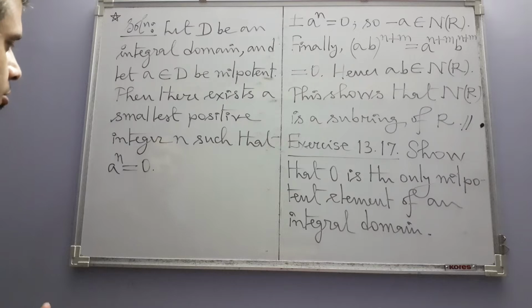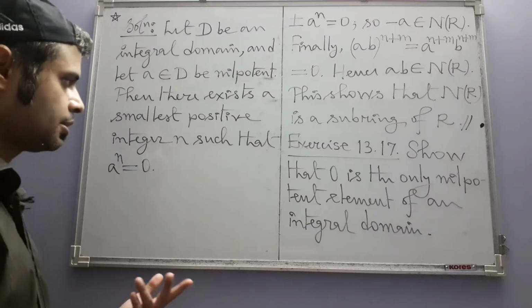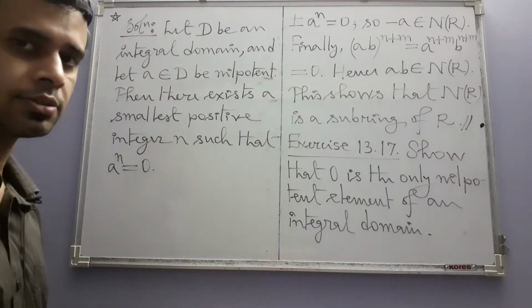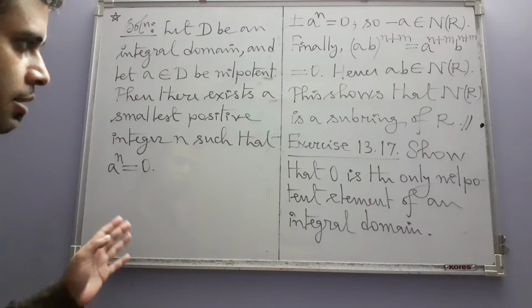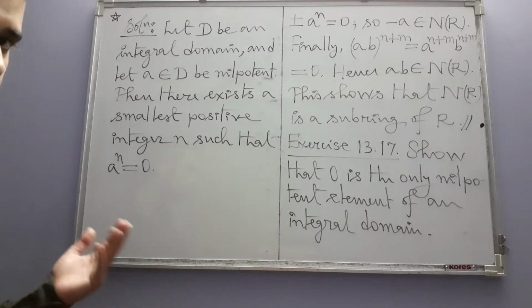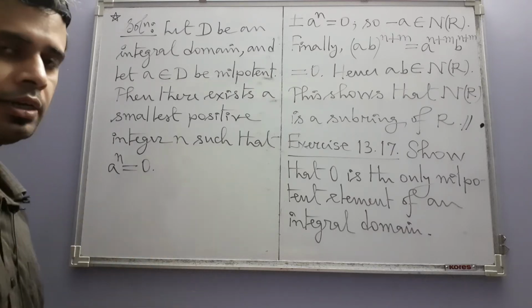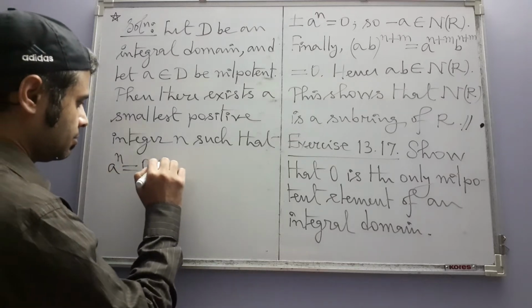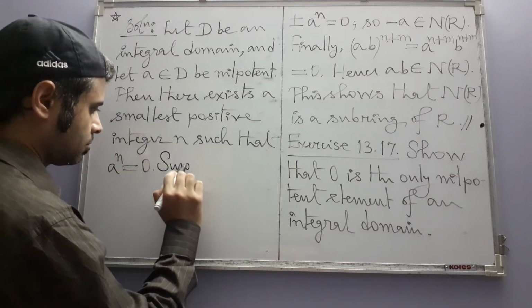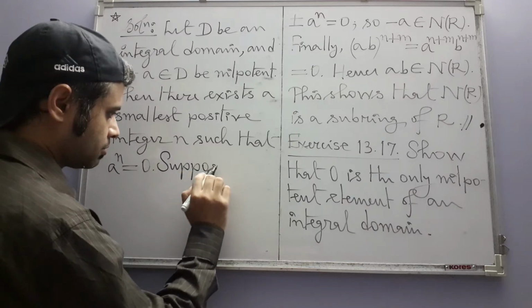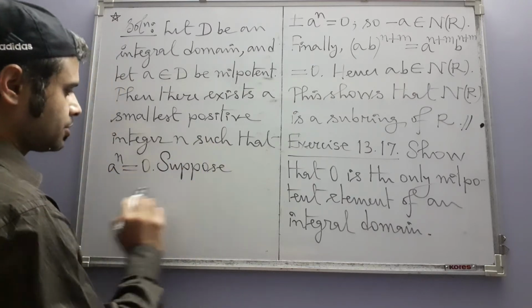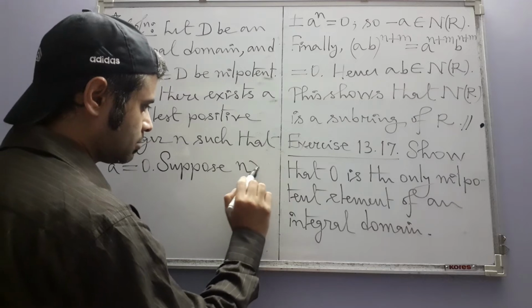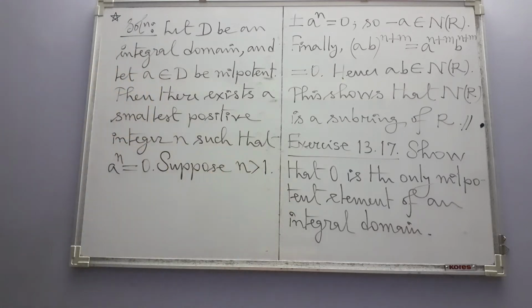Our aim is to show that A is 0. Now you can, if you want, proceed by supposing that A is non-zero. However, we will do something slightly different, which will ultimately lead us to A being 0. Suppose that this positive integer n is greater than 1.